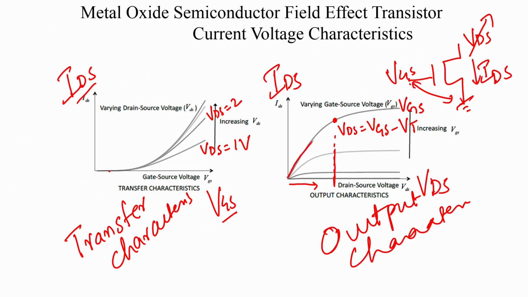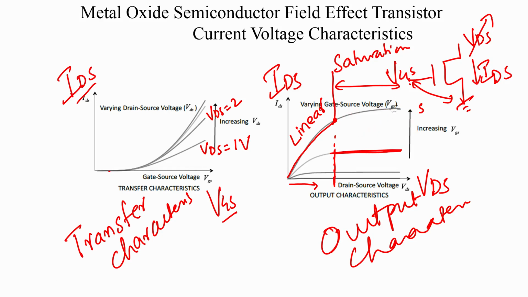So, till here the MOSFET is in the linear mode of operation, and beyond this point the MOSFET enters the saturation mode of operation. You can see that in saturation the VDS does not change the current a lot, the current is more or less constant, but still, because of channel length modulation, there is some small increase in the current.